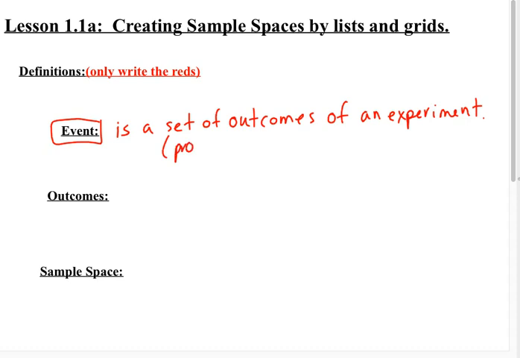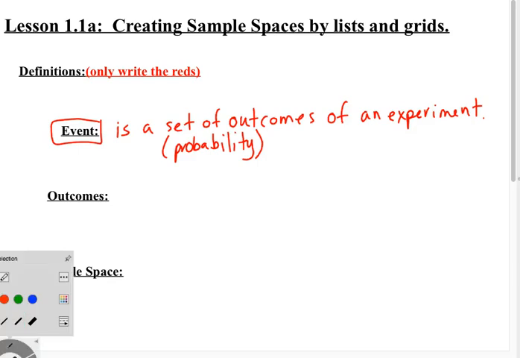This is probability. We're trying to figure out what's the chance of something happening. In regular English language, we can think of an event as what is happening.